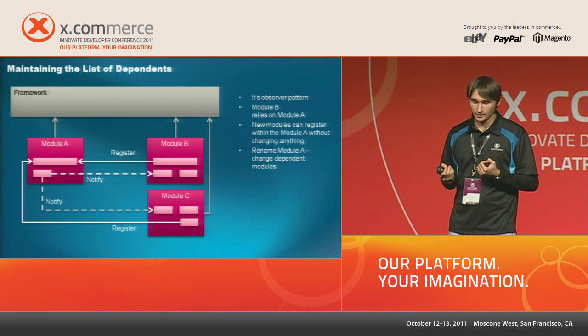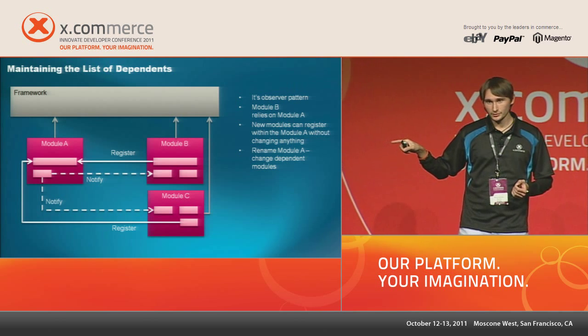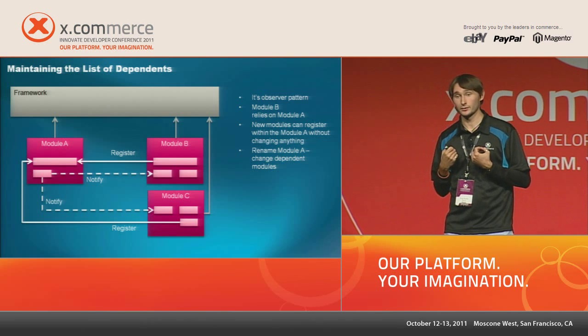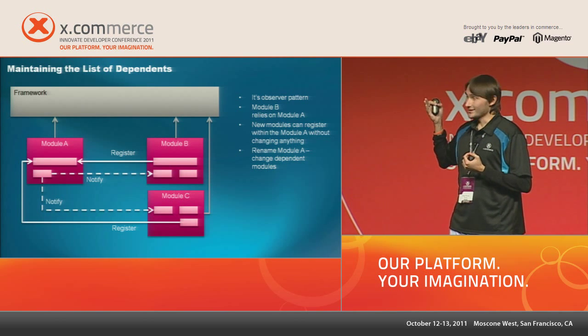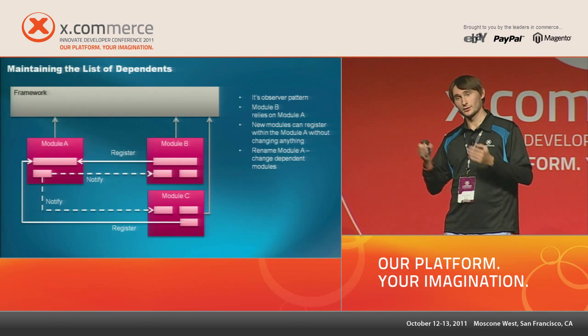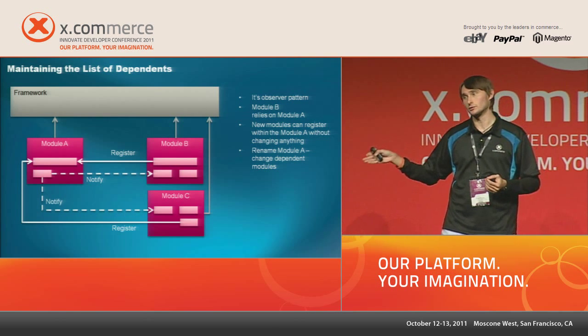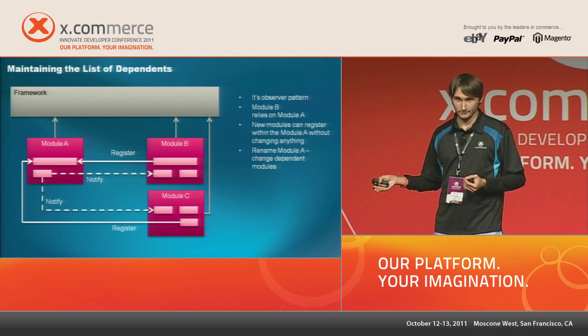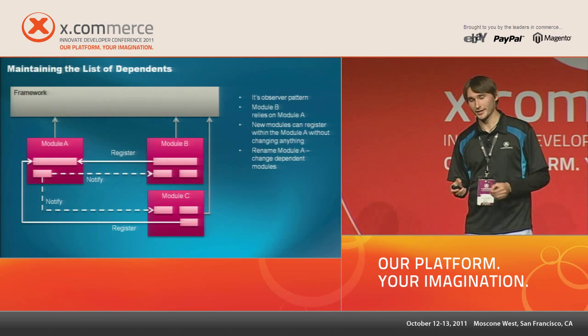But anyway, in this case, dependent modules have to register themselves within the main module. If we, let's say, rename this main module, it's easy to see that you have to go to all these dependent modules and edit them all, fix them all, which is, again, not what we want to have.